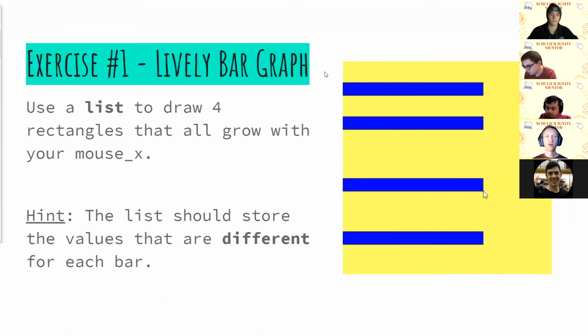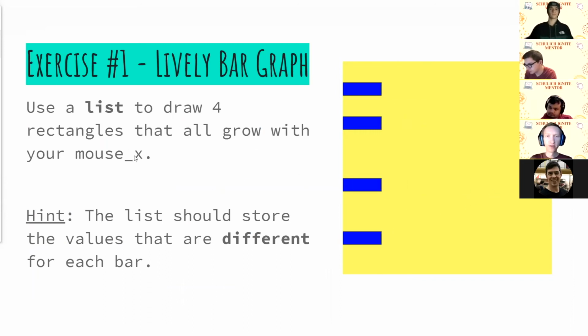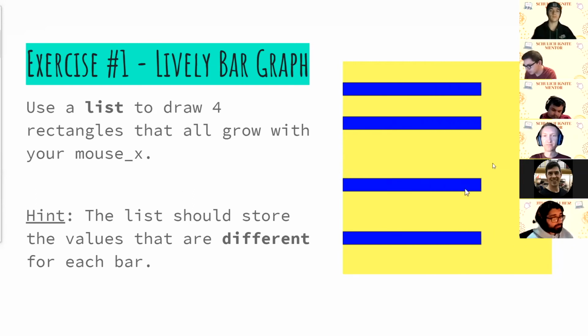All right, so now we're on to the first exercise. So you're going to use a list to be drawing 4 rectangles. And the rectangles should be growing with the mouse X. So when you move your mouse left and right, they should be getting longer and shorter.